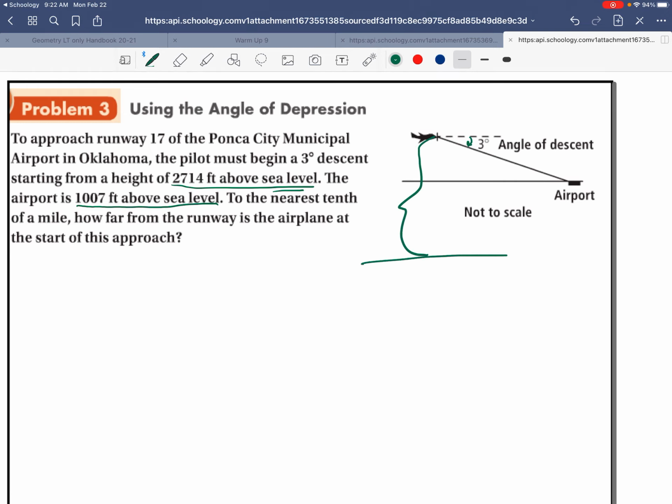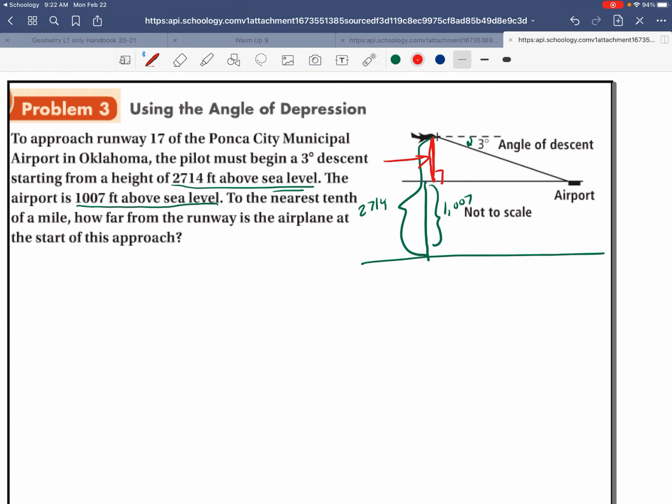So what we've got is this sea level here, which is 2714, but we know that the airport, this part right here, is going to be 1,007 above sea level. What that does is we need to subtract to get what this length is right here.